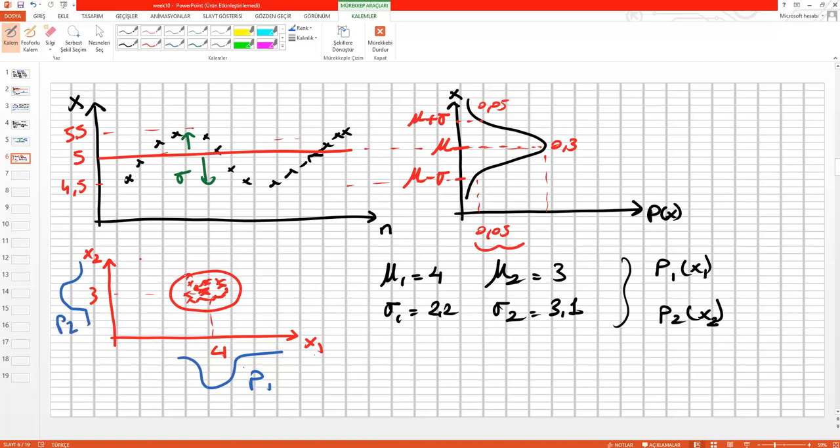Just like this one. And after that, maybe the condition is that P1(x1) is greater than 0.7 and P2(x2) is greater than 0.7, and then we can say that this is the C1 class.